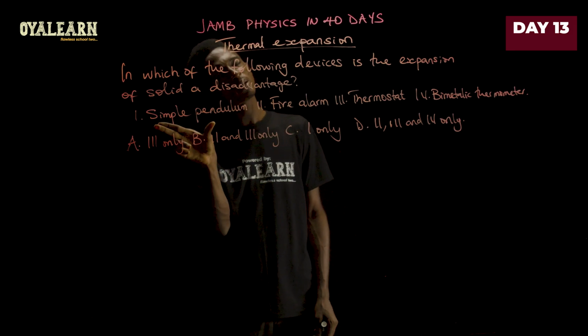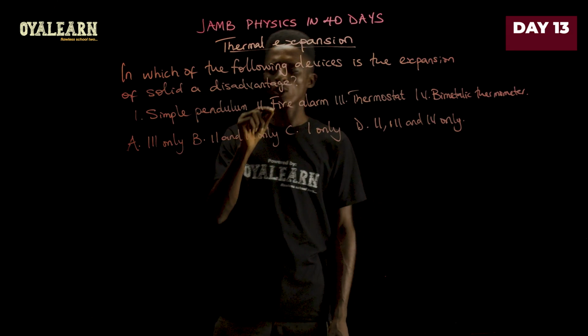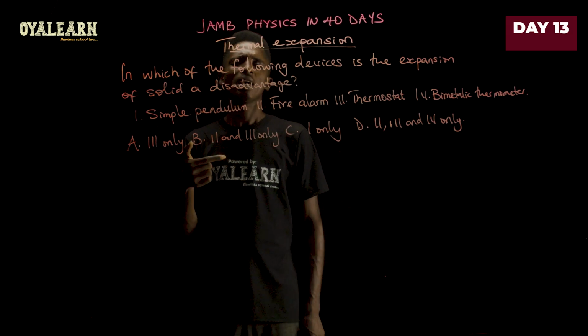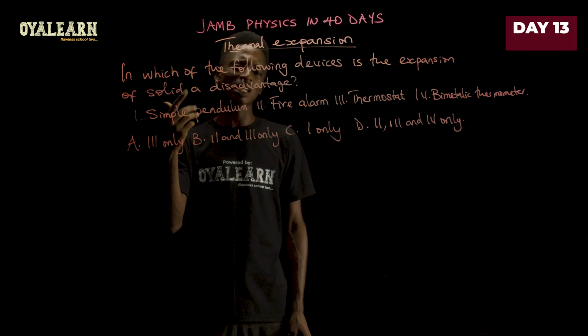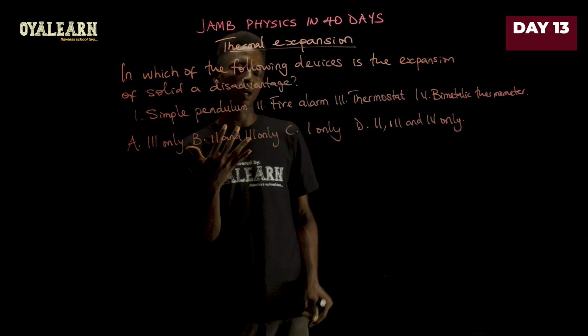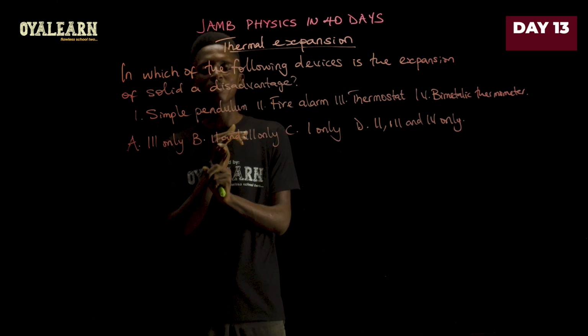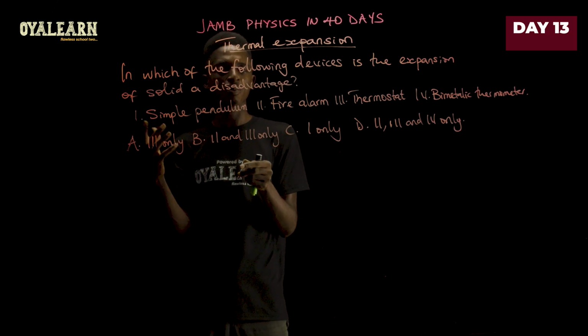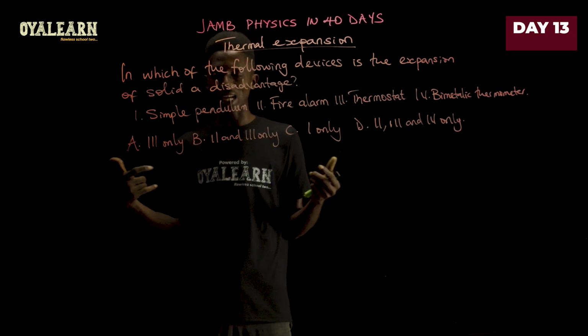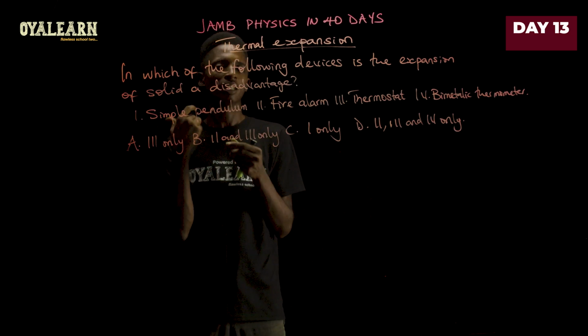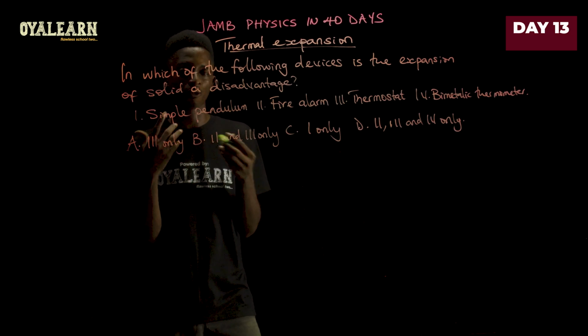Now, with the simple pendulum, we have an object that is oscillating, right? And once there is a change in the length, it's going to affect quite a number of things, like the period changes, and at the same time, if the space provided for a simple pendulum will not accommodate that swinging action, then it could lead to damage or things like that.